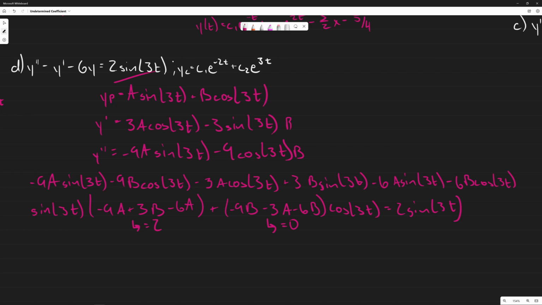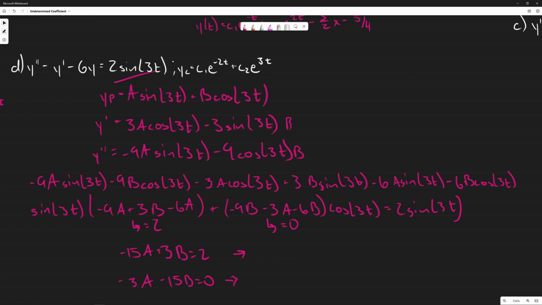So now we have, grouping these together, negative 15a plus 3b equaling 2, and then negative 3a minus 15b equaling 0.